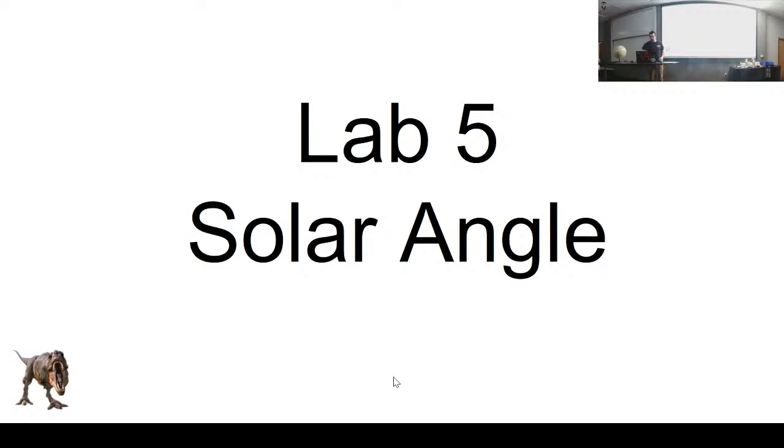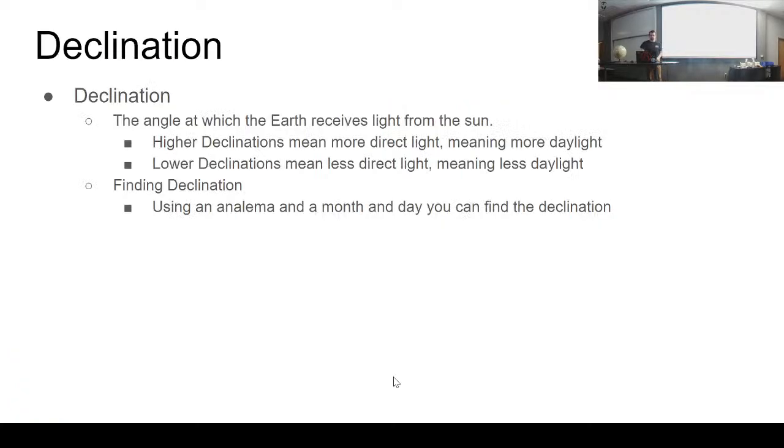Hello students, we're going to talk about solar angle. Alright, so we're going to have to first talk about declination. Declination is the angle at which Earth receives light from the sun. So we know that Earth tilts on its axis, right, 23.5 degrees.